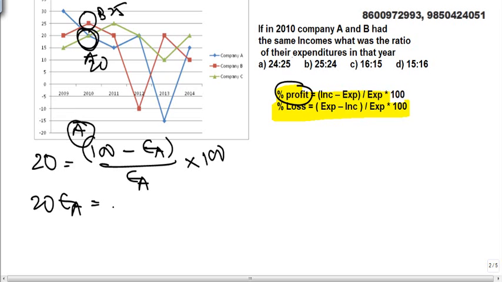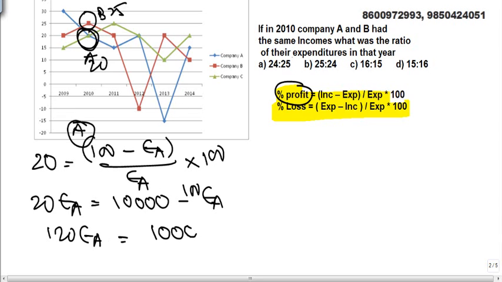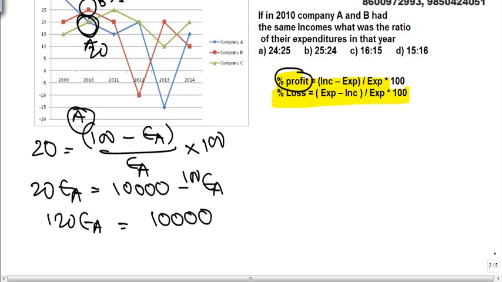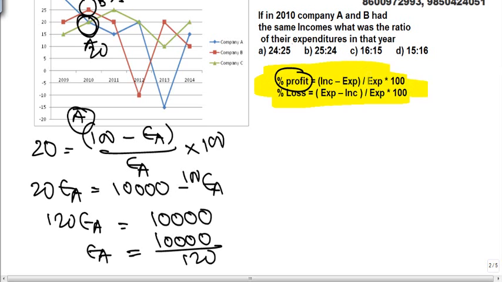So 20 times expenditure of A equals 10,000 minus EA, into 100. We solve the bracket: 120 times expenditure of A equals 10,000. So expenditure of A is 10,000 upon 120. I repeat: percentage profit, income minus expenditure. Solve it.